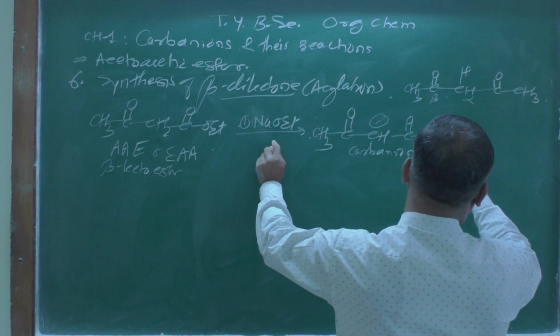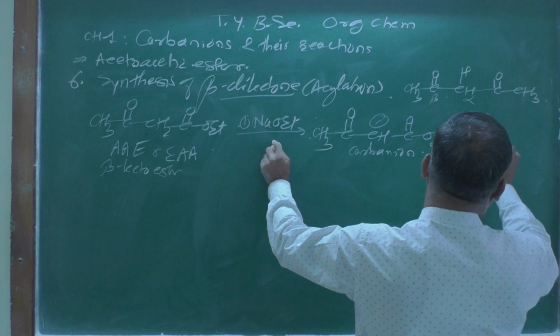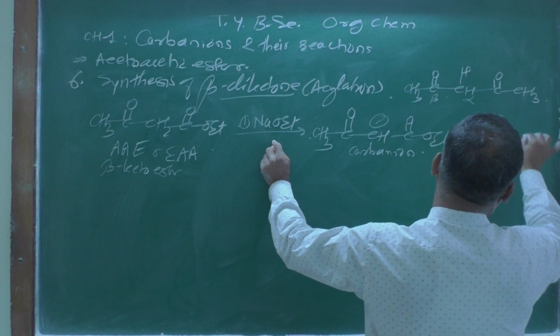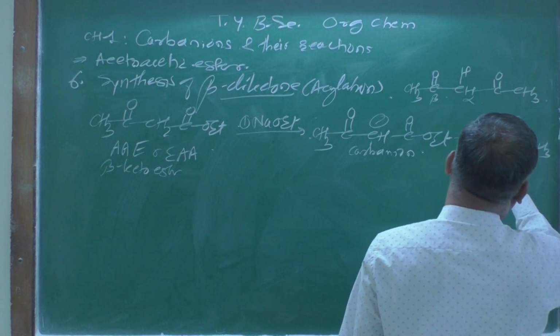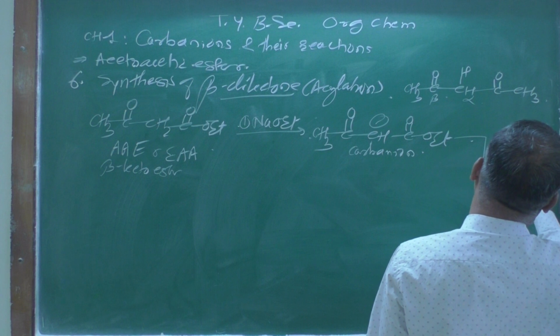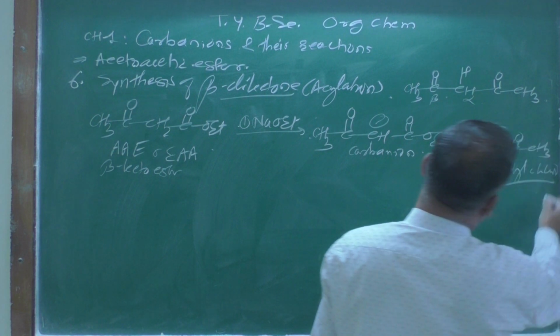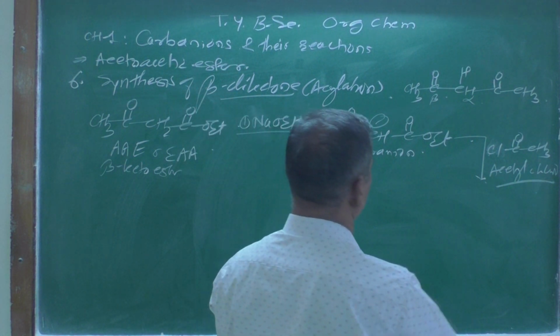And next, here you have to treat this compound with Cl, C double bond O and CH3, that is, we can call it acetyl chloride, right? Here this is known as acetyl chloride. It's a better reagent which is available, or we can use it. So now what is going to happen?